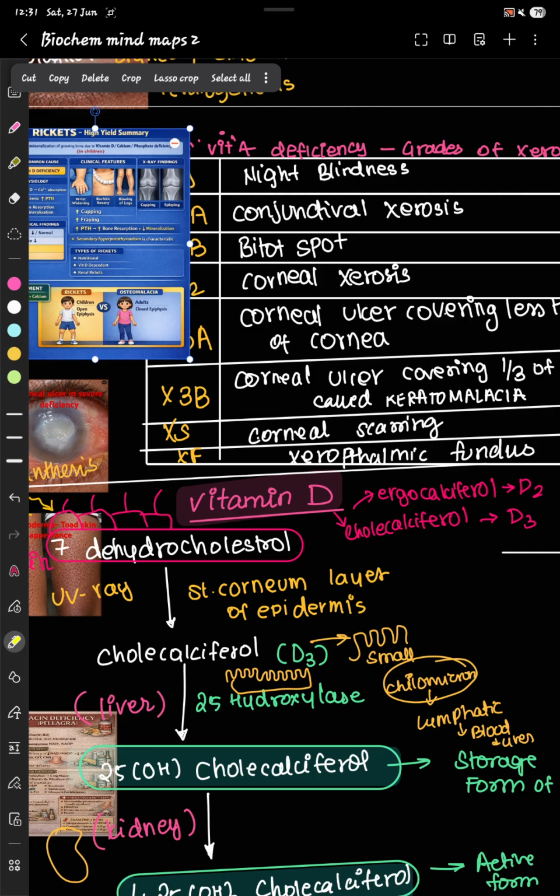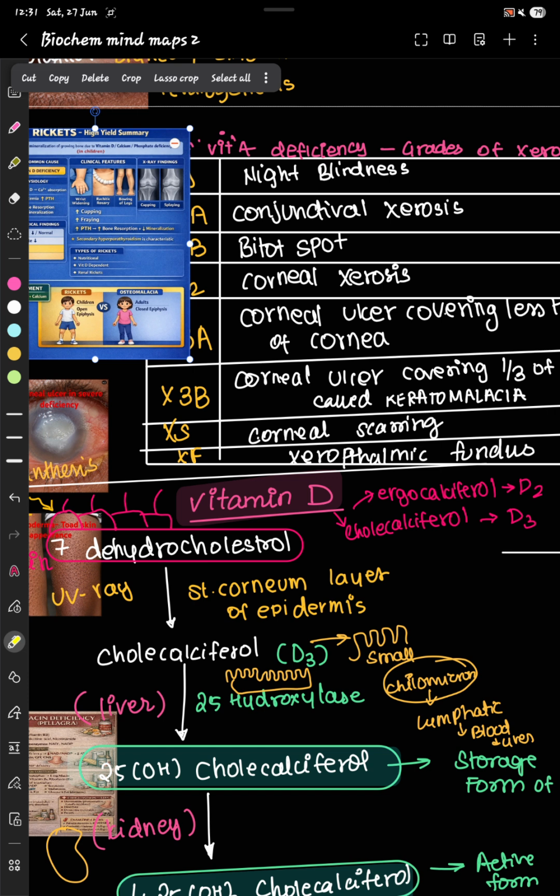There is a cholesterol called 7-dehydrocholesterol present in the stratum corneum of our epidermis. Epidermis is the outer layer of our skin. In the epidermis we have 5 layers: stratum corneum, lucidum, granulosum, spinosum, germinativum. Among them, the first layer, the stratum corneum, contains a cholesterol called 7-dehydrocholesterol.